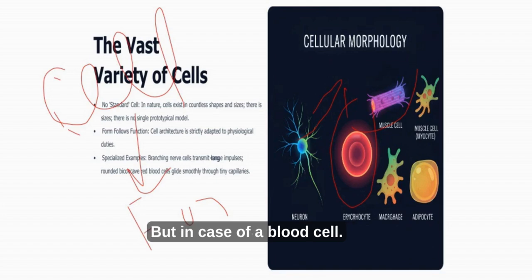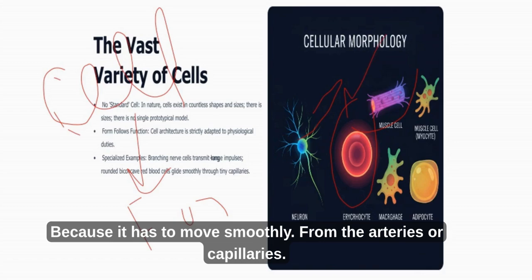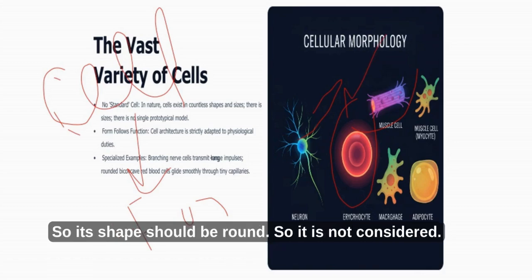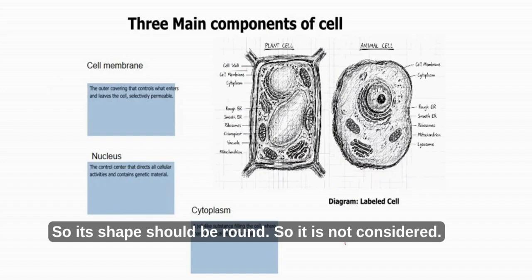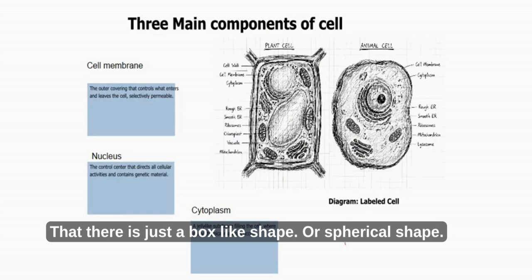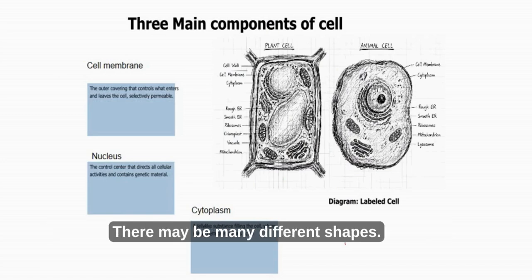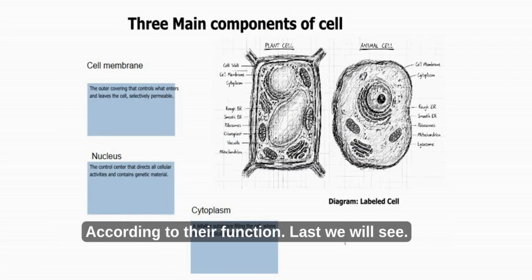But in the case of a blood cell, because it has to move smoothly through the arteries or capillaries, its shape should be round. So it is not that there is just a box-like or spherical shape. There may be many different shapes according to their function.